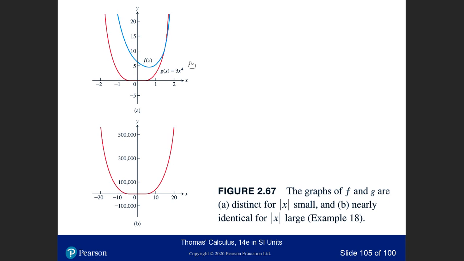Now, this does not show an asymptote. It's 3x to the 4 and some other function with 3x to the 4 and other x's with lower degrees. Between minus 2 and plus 2, you look at these two functions, blue and red, they are different.